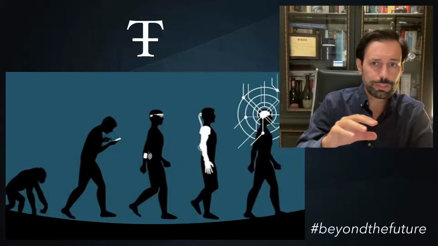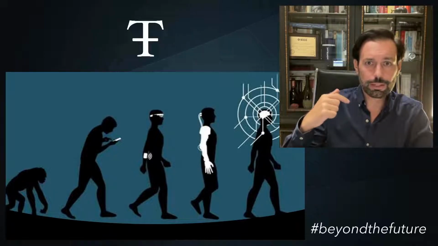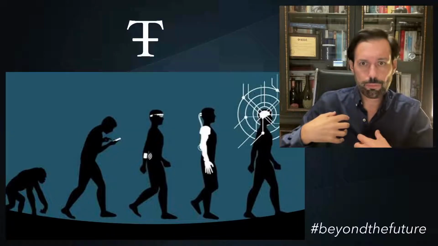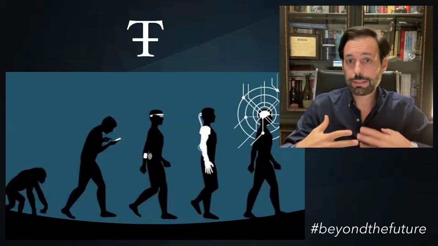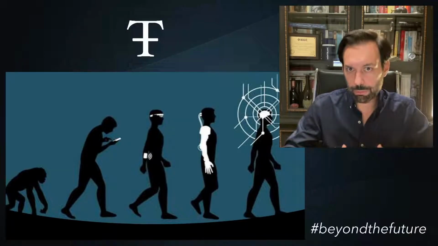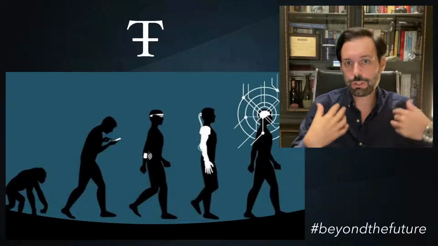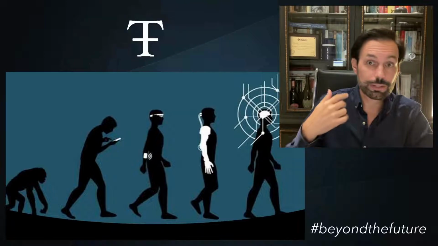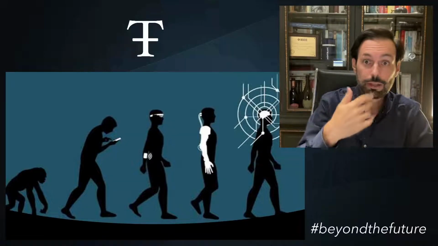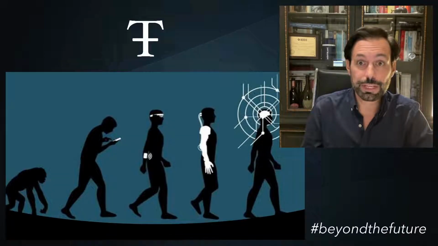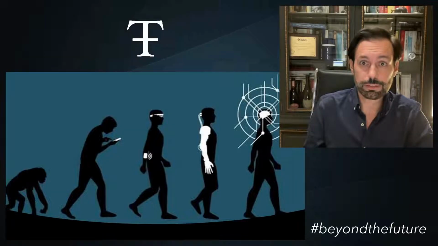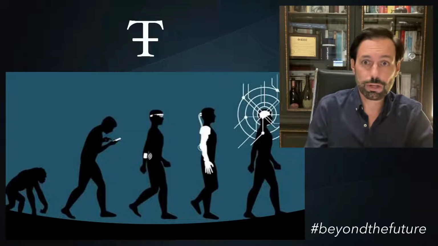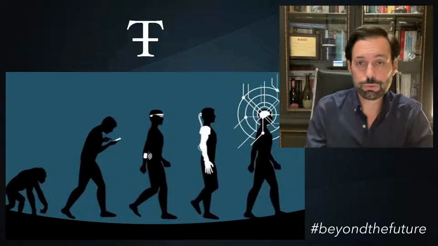We will see it working and our brain managing parts of our body that are not natural parts of our body. So we could have additional arms, for example. We could have additional sensors, additional feelings than our natural body is able to have.